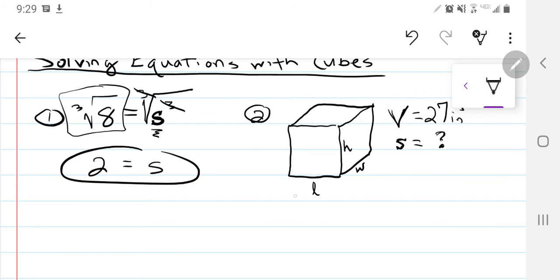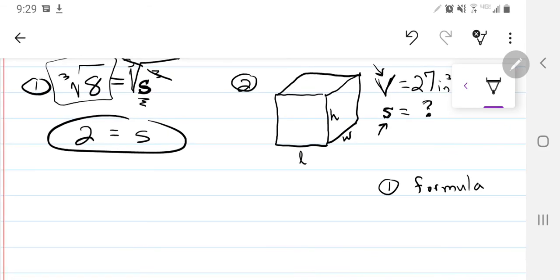All right, volume problems. So our first step in these volume problems, where they give us the volume, okay, they give you the volume, but you have to find the side length. First step is formula. Write it. Okay, formula. What is the formula for volume of a cube?